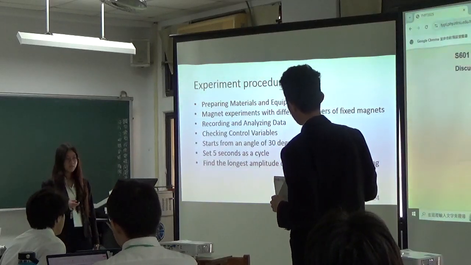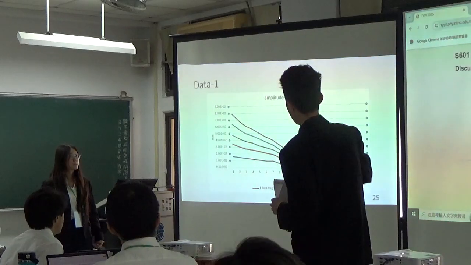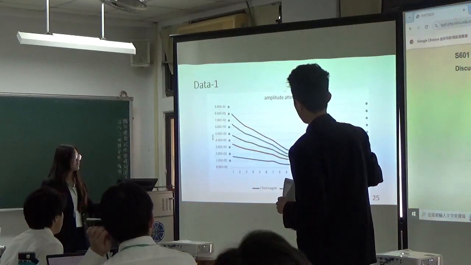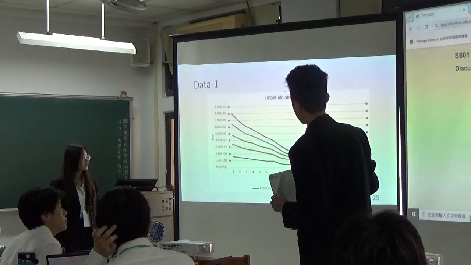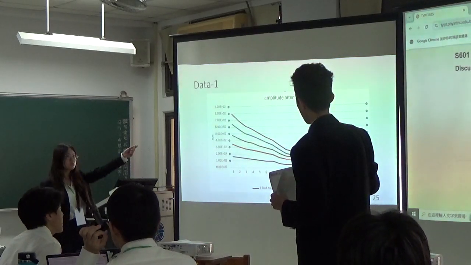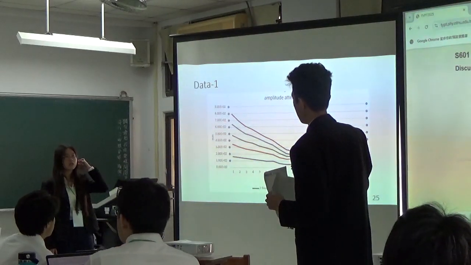Okay. So can you back up to the graph? So what does the y-axis stand for? Millimeters. I mean, it stands for distance, right? Distance of amplitude. So what amplitude are you talking about?